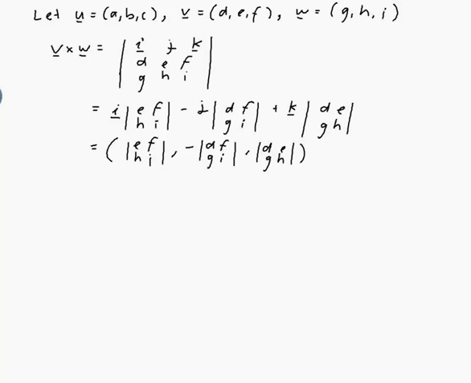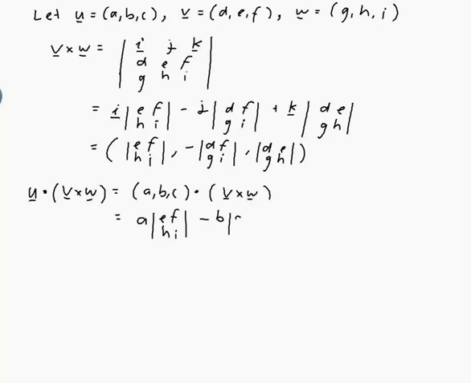Alright, and u dot v cross w is a, b, c dot this vector. I can't be bothered writing all of that again. So that would be a of e, f, h, i minus b of d, f, g, i plus c of d, e, g, h.